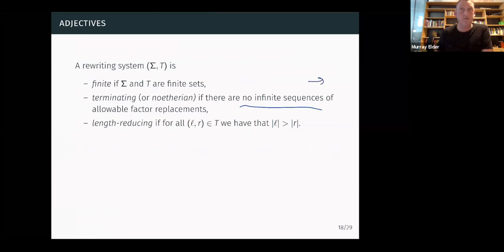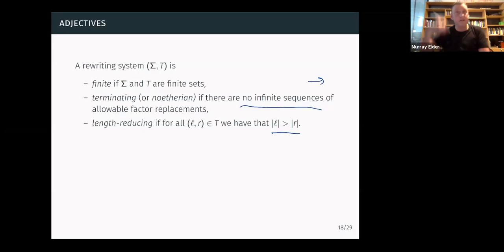And sometimes if it's not length reducing, it's a little bit tricky to actually prove that property of some rewriting system, that you couldn't come back around to where you started. And length reducing if the left-hand side is always bigger. So the examples of the finite group and the free groups are all finite, terminating, length reducing rewriting systems.